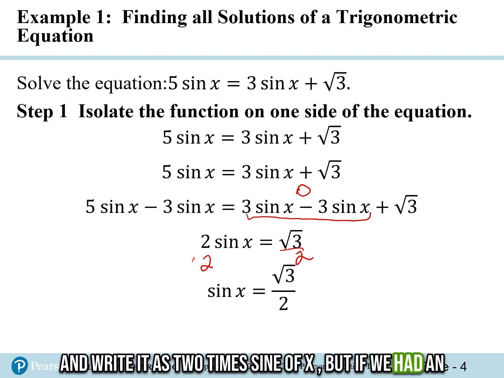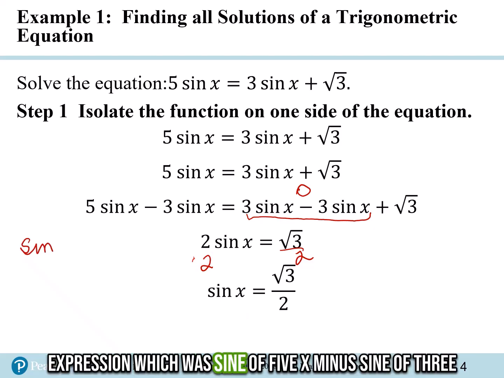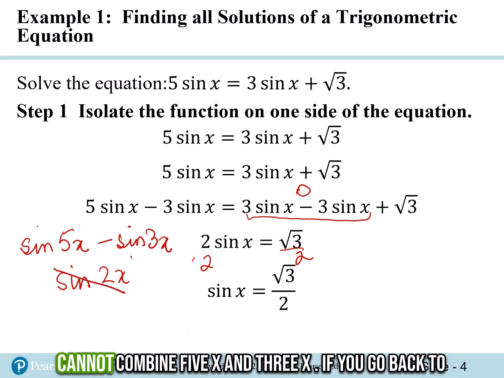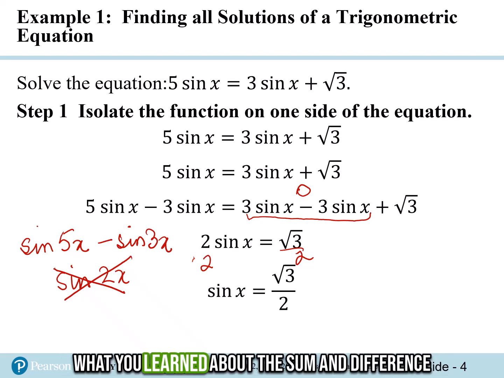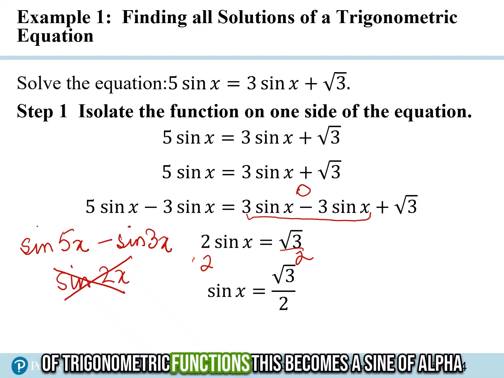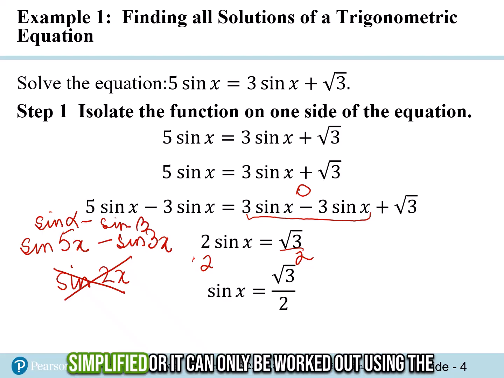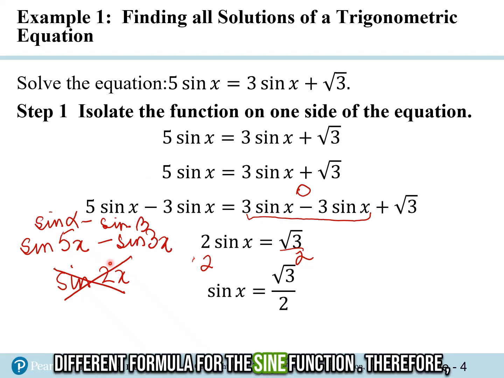But if we had an expression which was sine of 5x minus sine of 3x, we cannot write it as sine of 2x. In this case, we cannot combine 5x and 3x. If you go back to what you learned about the sum and difference identities of trigonometric functions, this becomes a sine of alpha minus sine of beta situation, and it can only be worked out using the difference formula for the sine function.